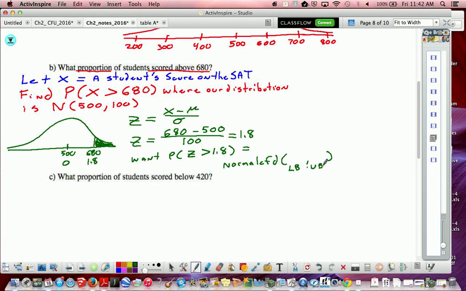Not 680, that's not the z-score. 1.8. I'm 1.8 standard deviations above the mean, and which direction do I want to go? To the right, so what's the upper bound? A very high number, right? Infinity.